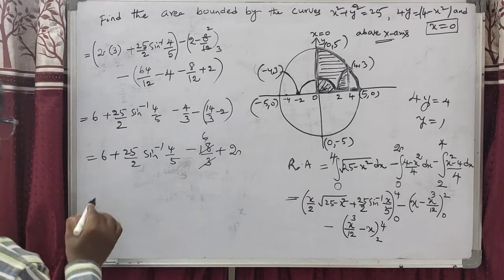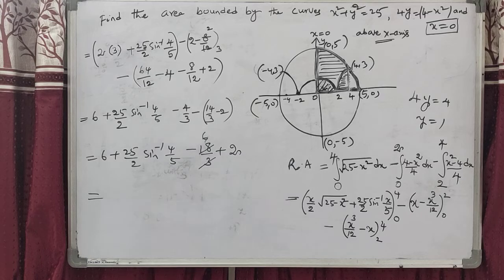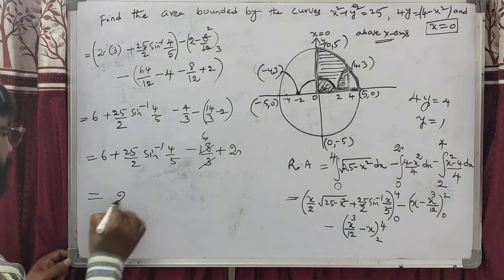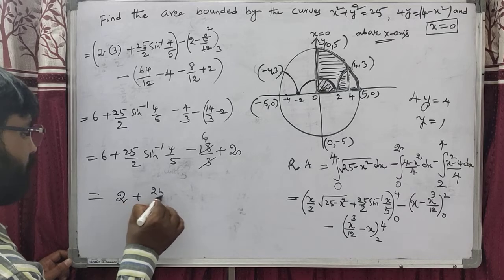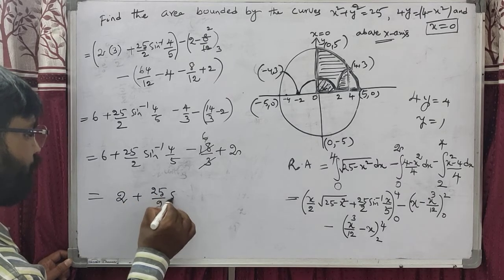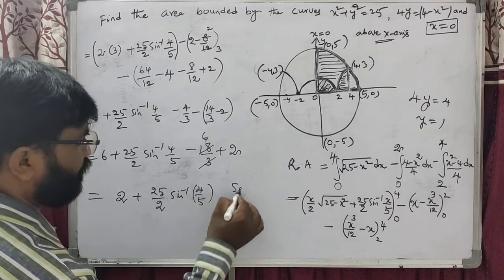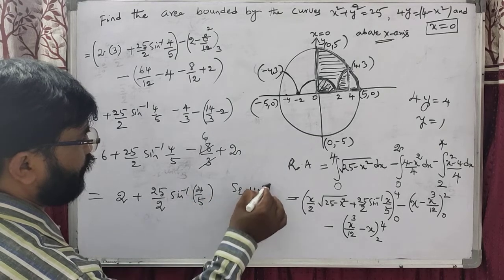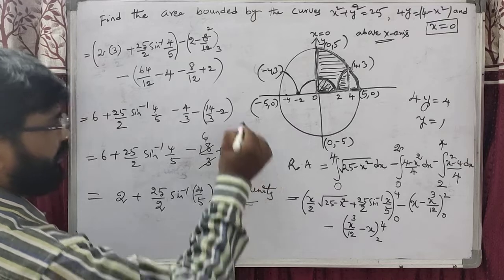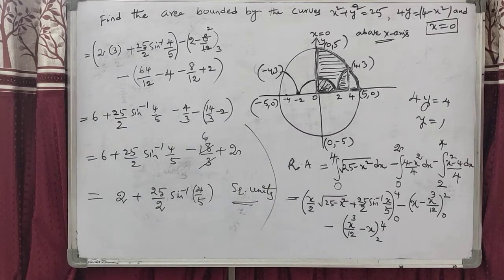Therefore, students, plus 6 minus 6 cancel. We got 2 plus 25 by 2 sine inverse of 4 by 5 square units. Please write down, students. This is the area. Okay.